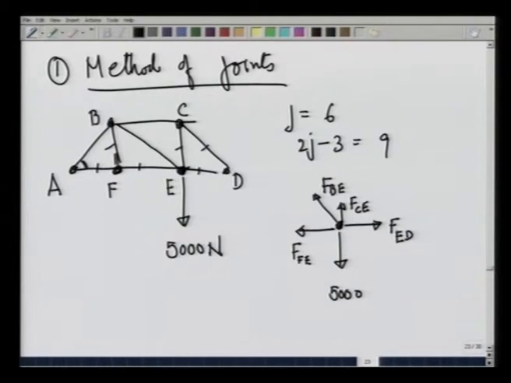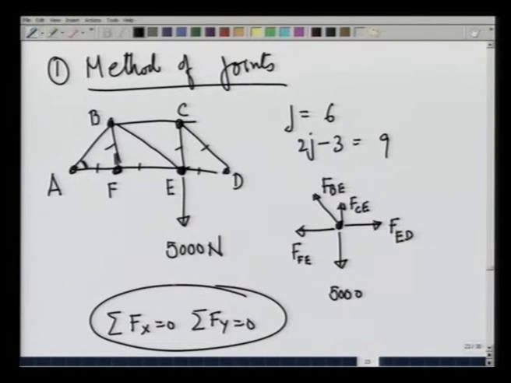Remember, all the forces are acting at the same point, therefore, the torque equation is automatically satisfied. The only equations I have at my disposal are summation Fx equal to 0 and summation Fy equal to 0. And therefore, I have only 2 equations that I can apply at this point. However, the number of unknowns is 1, 2, 3 and 4, and therefore, I cannot directly apply these 2 equations and get the answers right away.